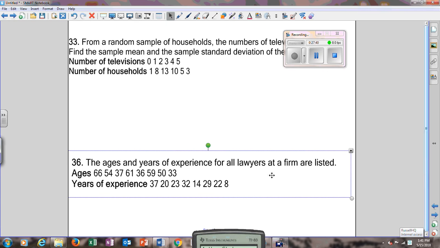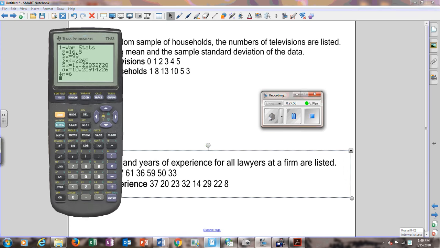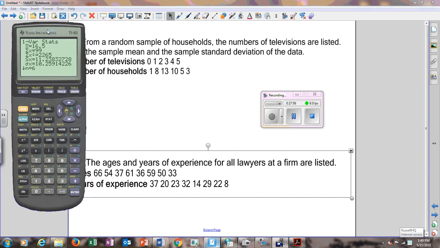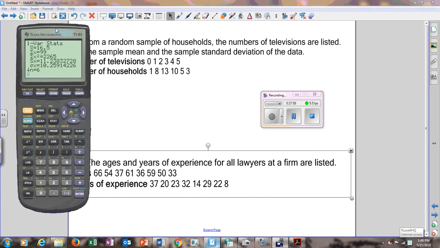All right. Ages and years of experience for all lawyers at a firm are listed. If we go back to number 33 here, that didn't seem right with my sample mean being 16.5. It's not 16.5 TVs in the house.